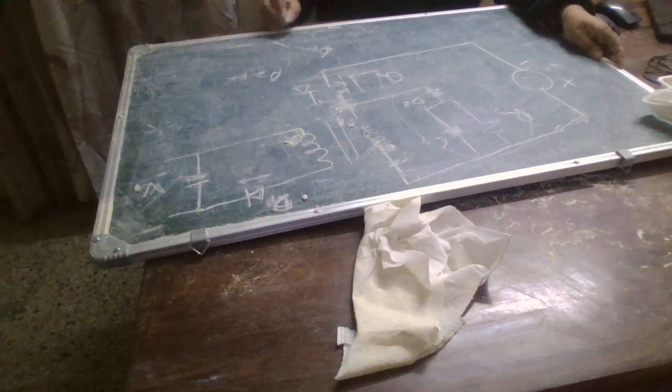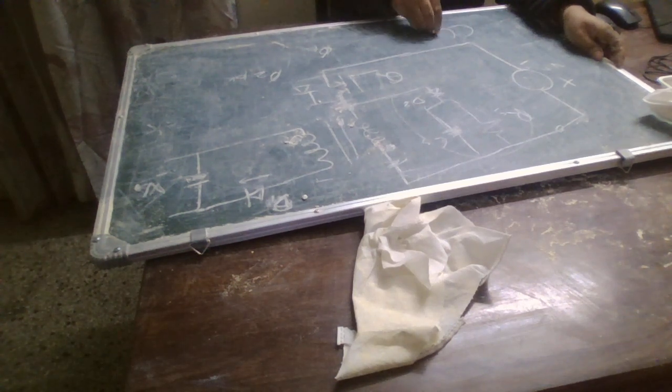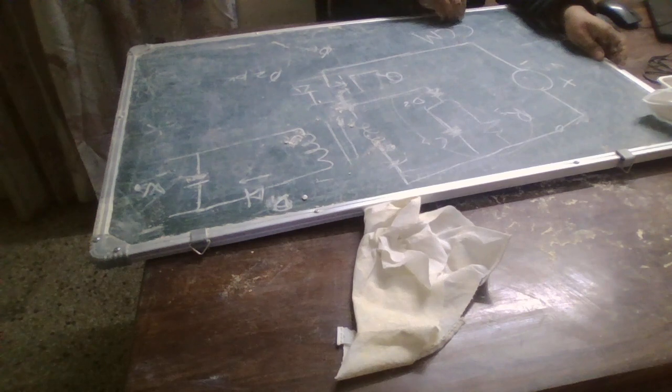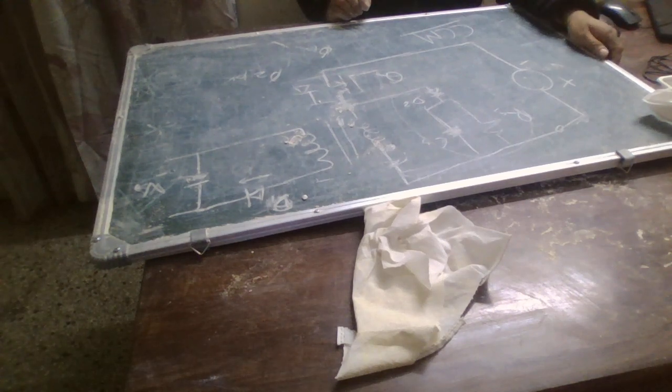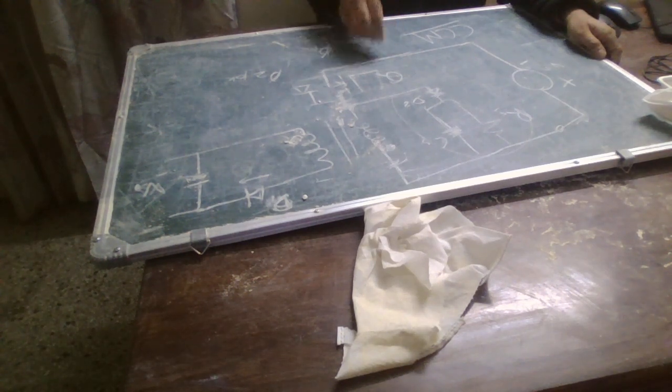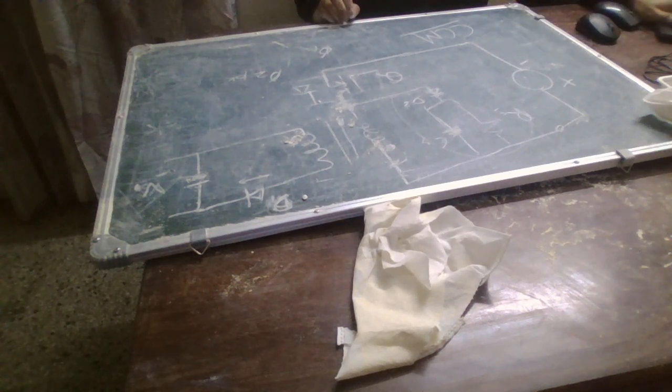So when we are working in continuous conduction mode, we are dealing with incomplete demagnetization of the transformer core, and we have to be very careful to avoid transformer saturation, because the change in the core flux during the T-on has to be equal to the change in the flux during the T-off.